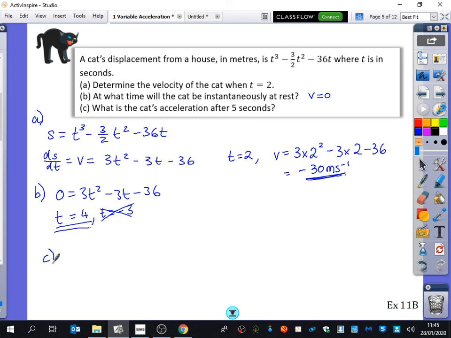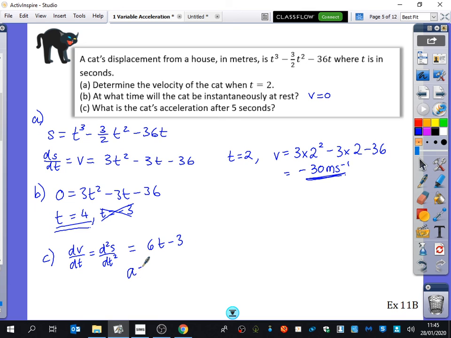And then part C of the question, what is the cat's acceleration after 5 seconds? So I'm going to differentiate to get the acceleration. I can either find the second derivative of this, or I can do dv dt, which is the same as the second derivative of the first one, whichever notation you prefer, either of those is fine. And I'm just going to differentiate this again to get 6t minus 3.